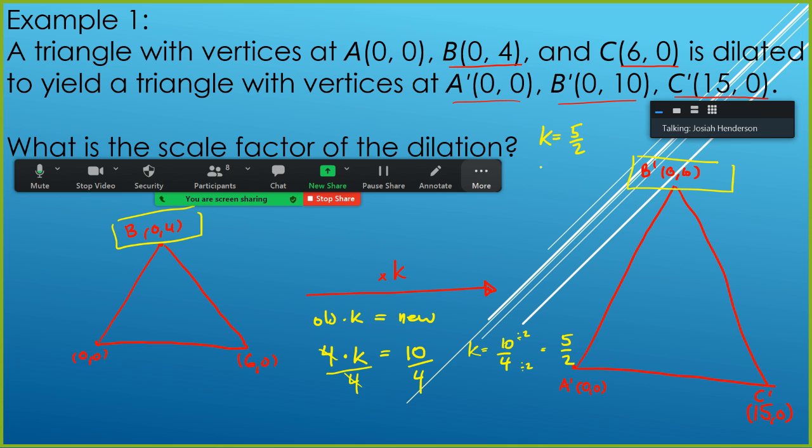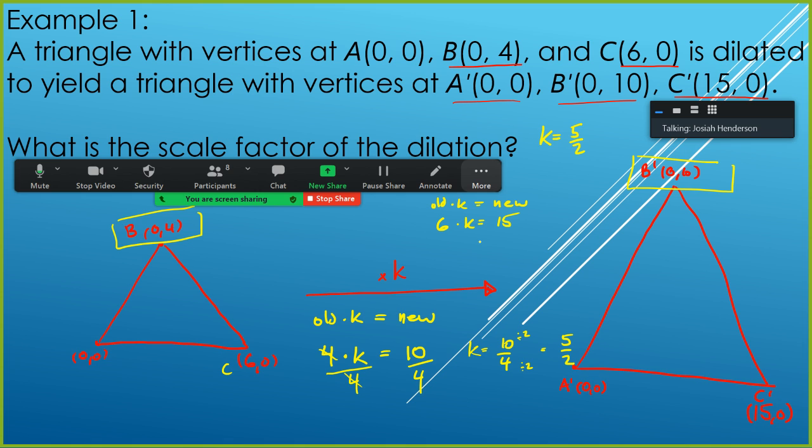How did we solve it? We compared an old coordinate to the new coordinate. The same thing will work if we had chosen C instead. We can't choose A in this case because it is at the origin 0, 0, and it didn't move because those points are zeros already. But let's check it real quick for the C. Old C compared to the new C. Old C is at 6.